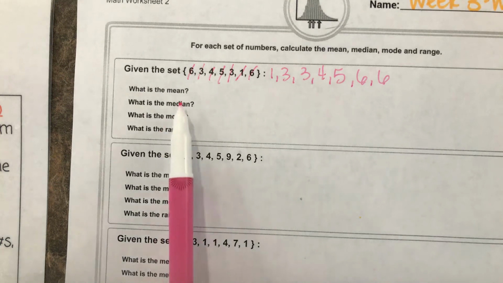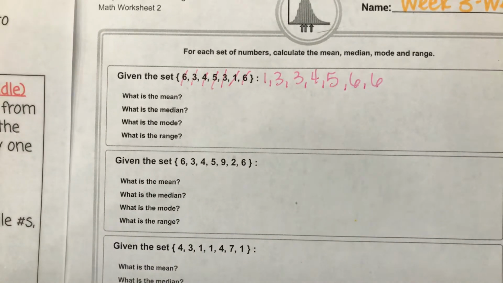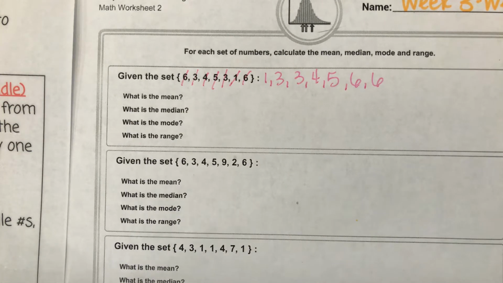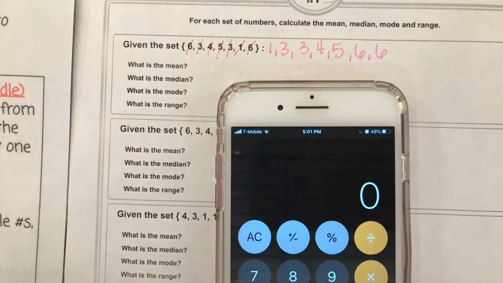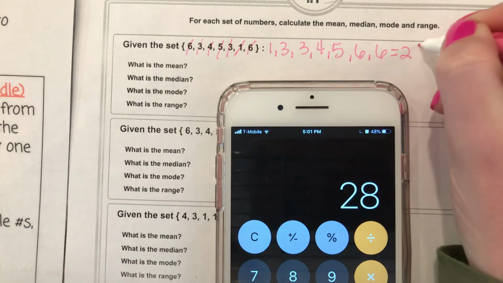Next, to find the mean, that's the average. There's 2 steps to that. First, add all of them together. Then we divide by the number of numbers that we added. So let's go back to step 1 and add them together. So, 1 plus 3 plus 3 plus 4, 5, 6, and 6 gives us a total of 28.